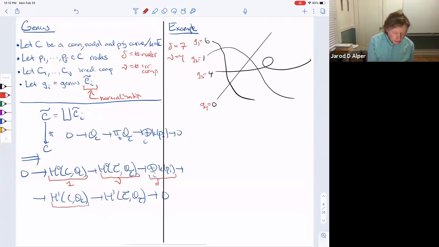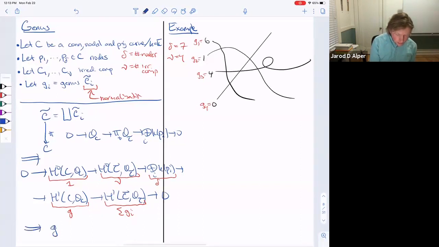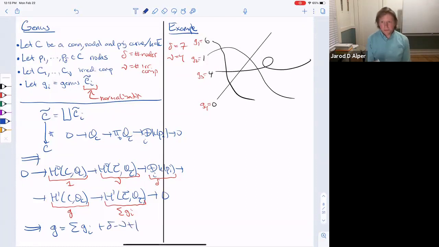The dimension of this is, by definition, the genus of C. And since C tilde is the disjoint union of these C tilde i's, this is the sum of the g_i's. And so putting this all together tells us that the genus of C is the sum of the geometric genus of the components plus delta minus mu plus 1.